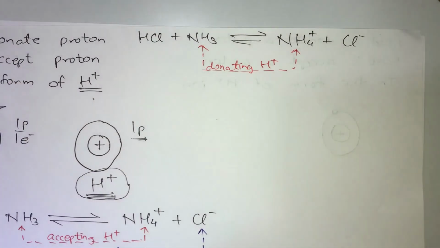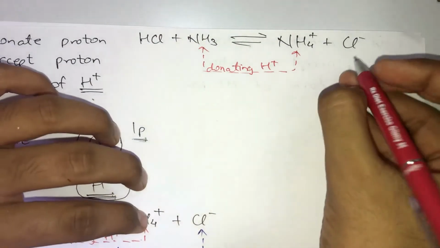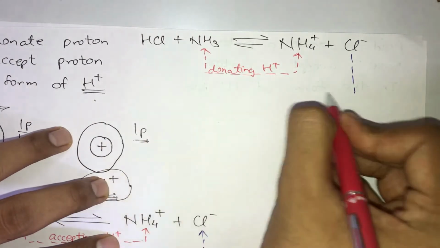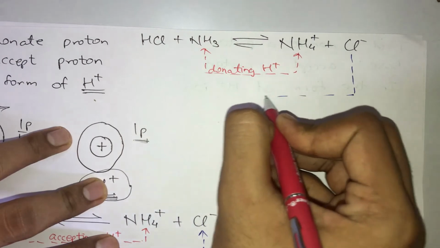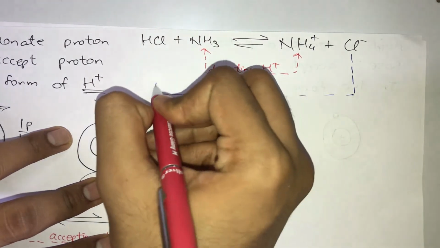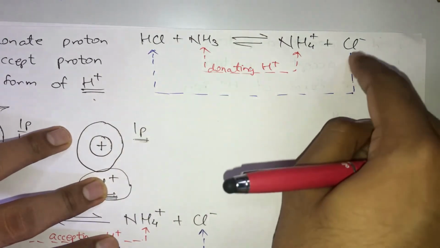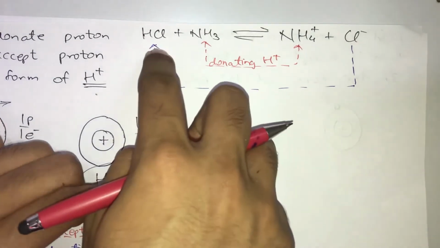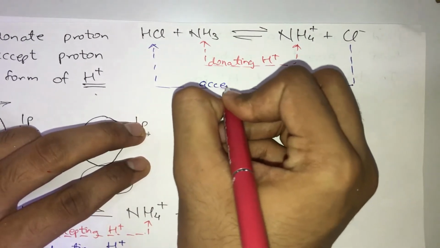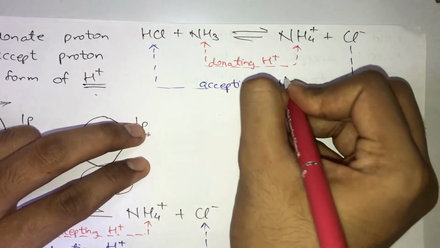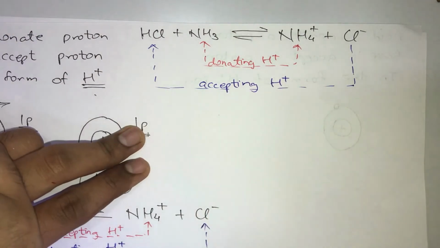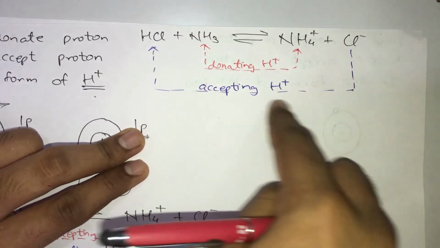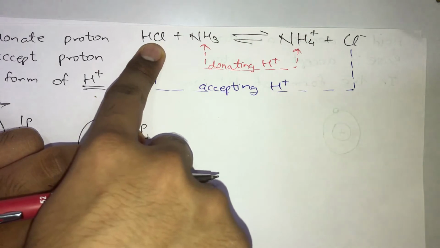Similarly, if you observe, this Cl minus is getting converted into HCl, as you can see over here. While it is getting converted from Cl minus to HCl, can I say, guys, that it is accepting an H plus ion? Can you see? If you add an H plus ion to this Cl minus, what are you going to get? You are going to get HCl.